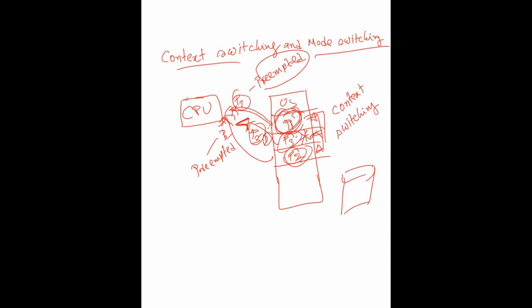For example, if a new process arrives and its priority is higher than process P1, then process P1 will be preempted and it should wait inside the memory, and the higher priority process will be executed by the CPU.